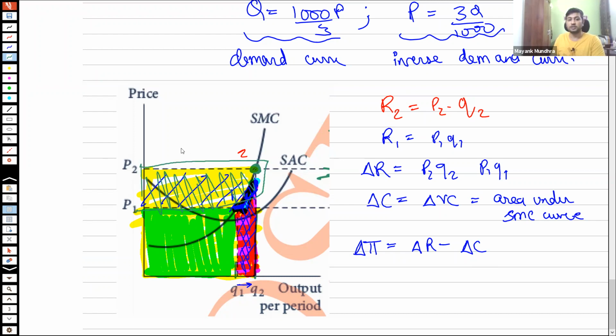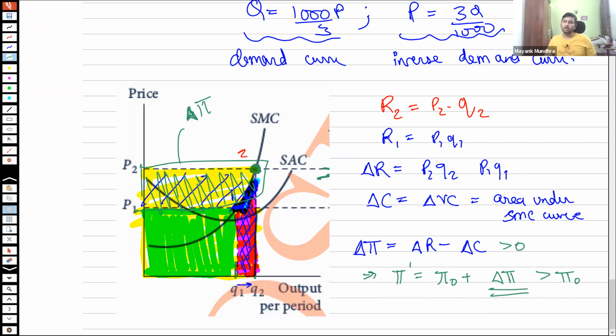This region is change in profit, which is positive. This implies pi prime is equal to pi naught plus delta pi, which is greater than pi naught, because delta pi is positive. So the profit of every firm increases.